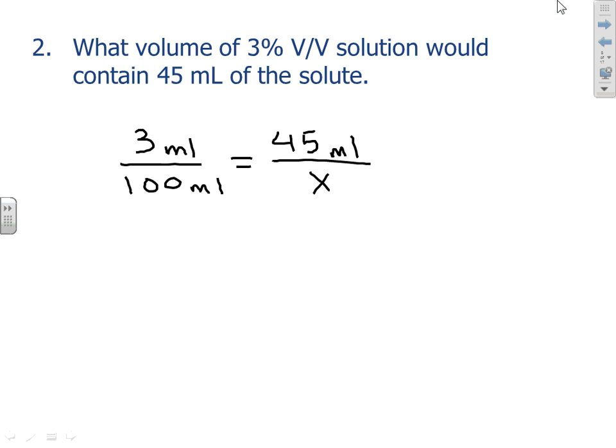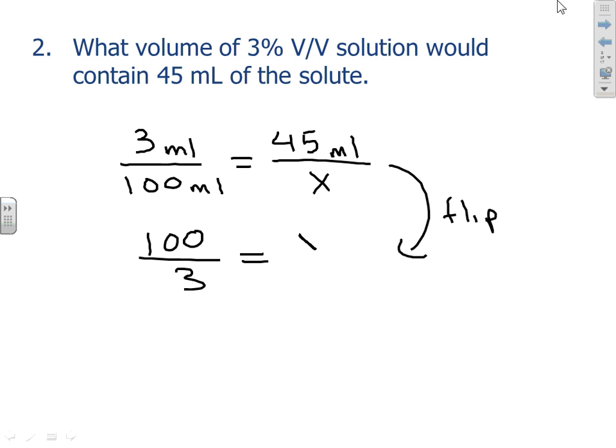If, when you're solving for an equation that is a ratio like this, X is on the bottom, just flip it over. Flip the whole thing over, and then the math becomes easier. We can flip the whole thing because we're not changing the ratio by turning it upside down. If you flip it, you're going to have 100 over 3 is equal to X over 45.